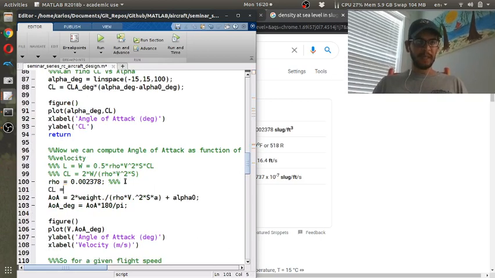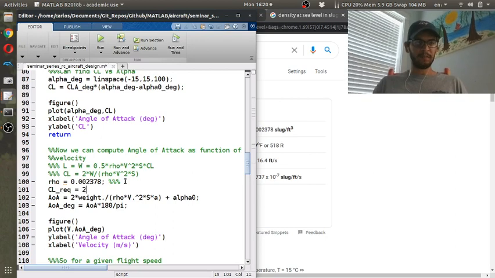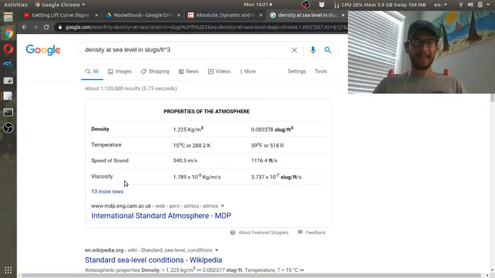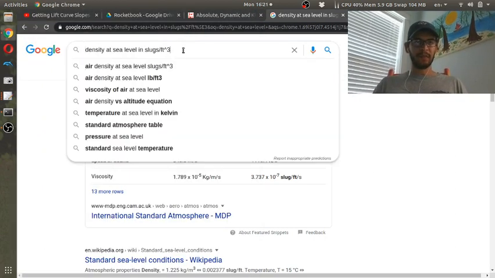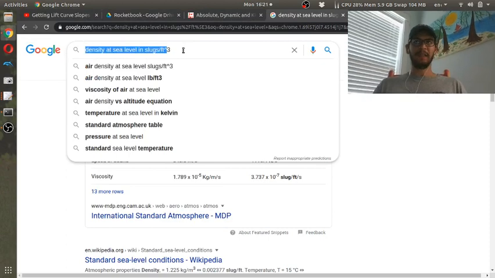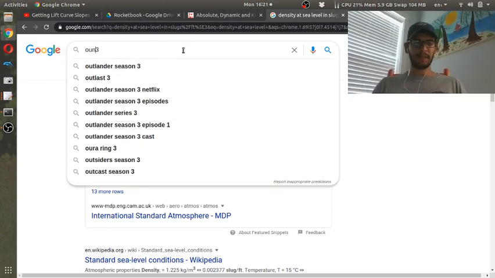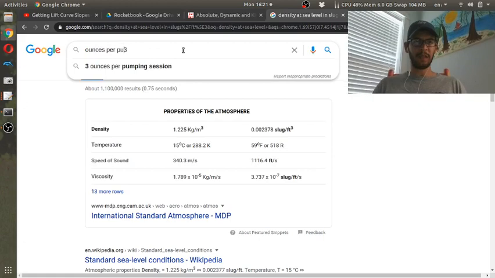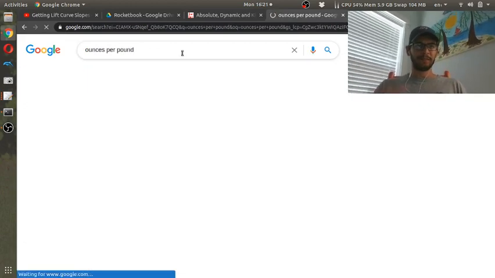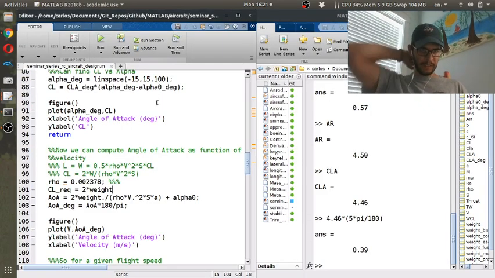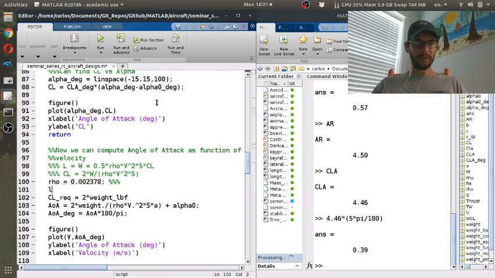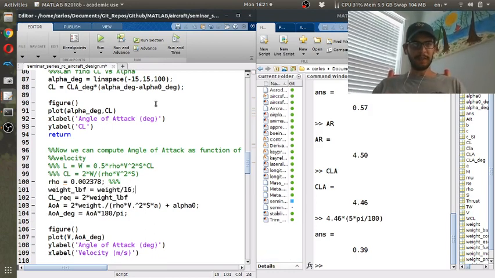And so CL required is 2 times the weight, but that's in ounces. So I need weight in pounds. Ounces per pound. It's 16, isn't it? Yeah, it's 16. So weight in pound force is weight divided by 16.